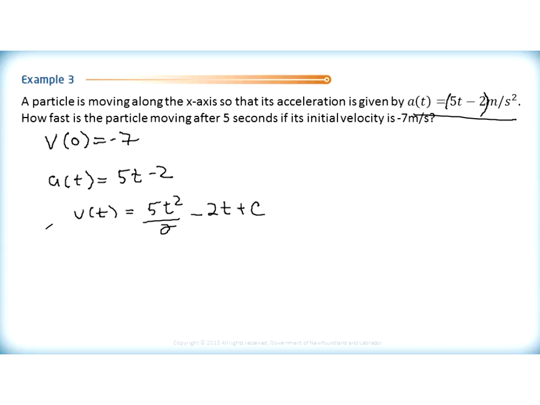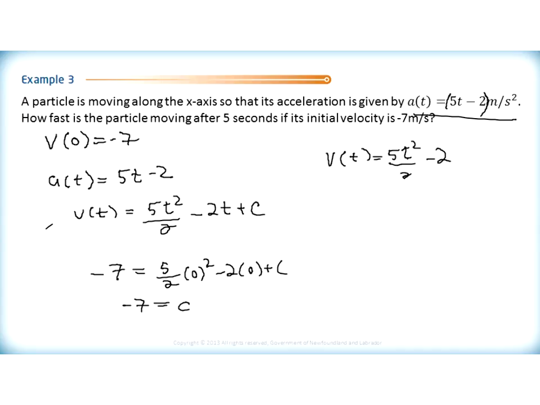All right, so v of 0 equals -7. We have -7 equals 5/2 of 0 squared minus 2 times 0 plus c. So the arbitrary constant then is -7. So that means we have our velocity function, v of t is 5t squared on 2 minus 2t minus 7.